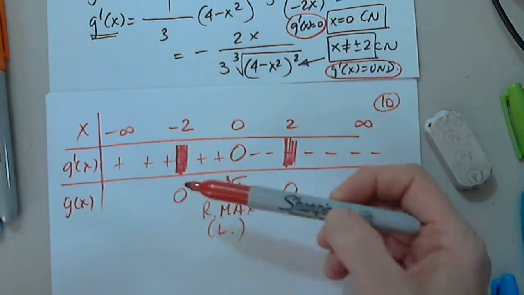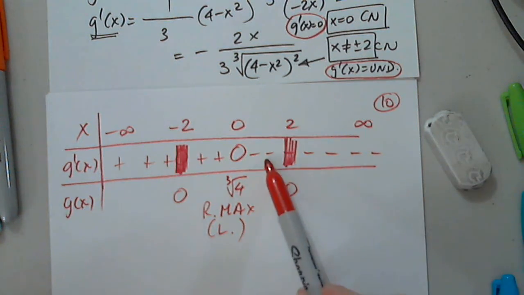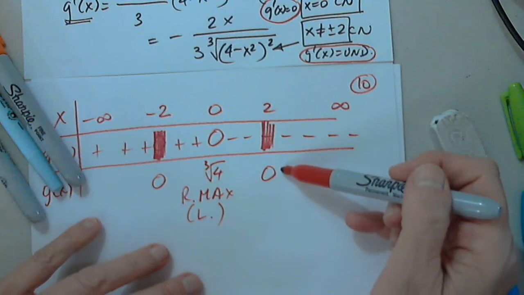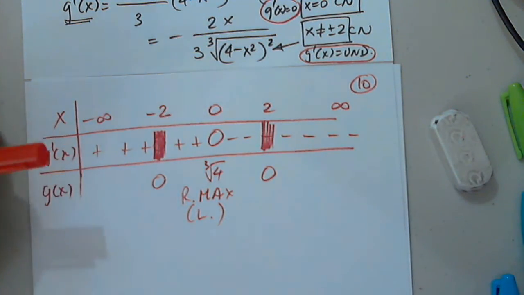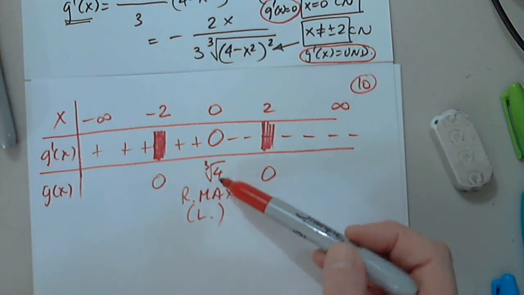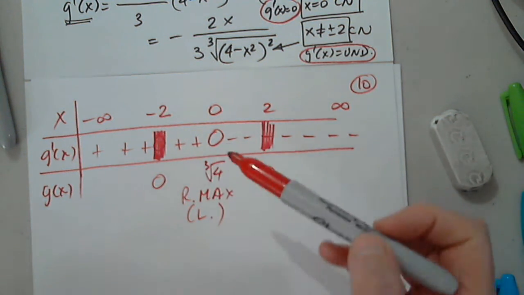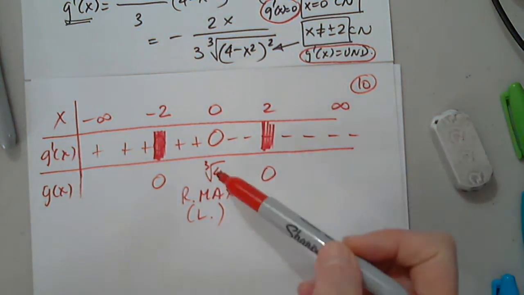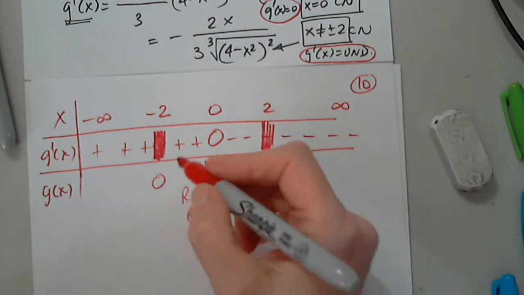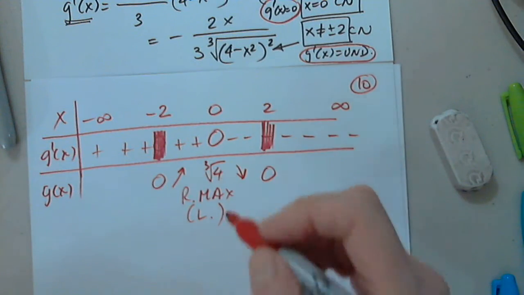So negative 2, 0 is not a max or a min. Here the derivative does not change sign. So 2 comma 0 will not be a point of extrema. Only here at 0 comma the cube root of 4, the derivative changes sign and it's 0. And this will be a relative max. Positive going up and coming down.